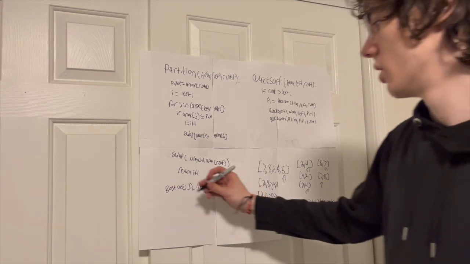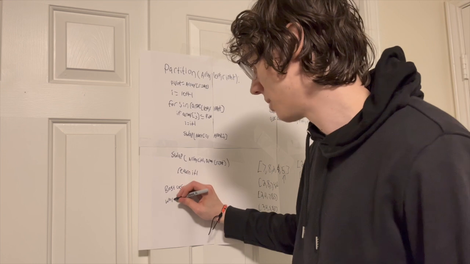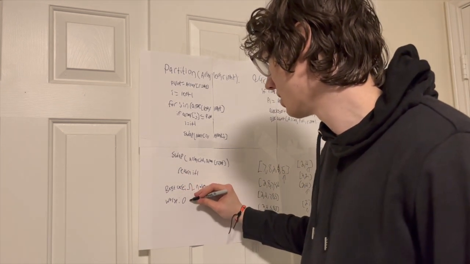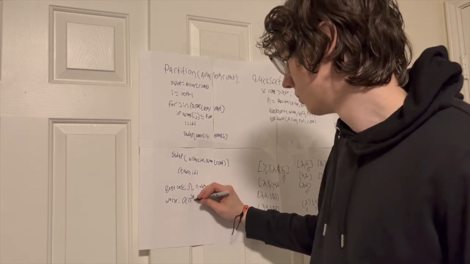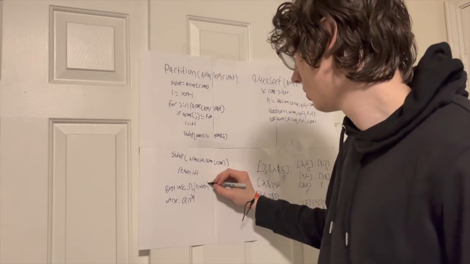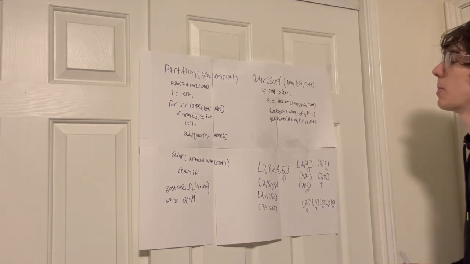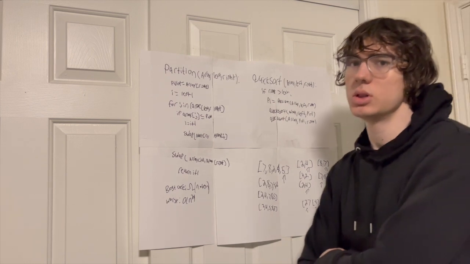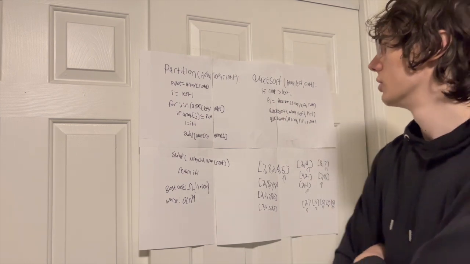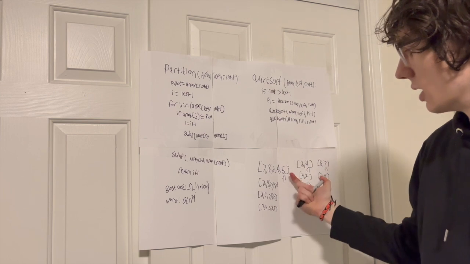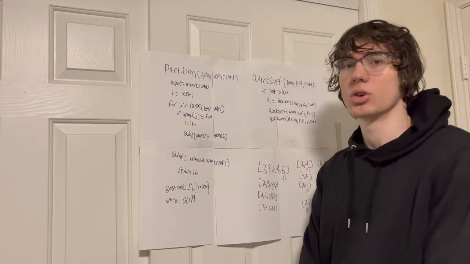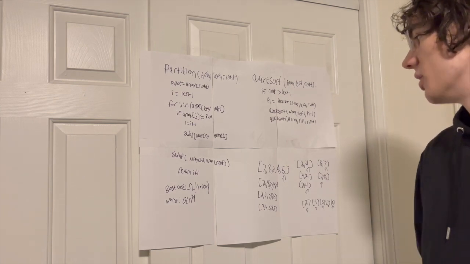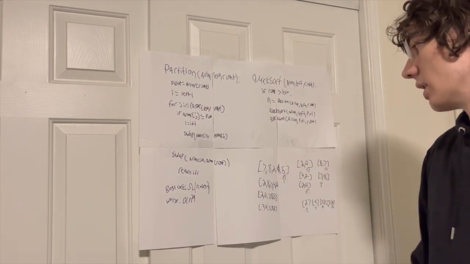Worst case occurs if we pick a bad partition. Worst case is n squared. This occurs if the partition is either the highest value in the array or the lowest value in the array. So for example, if we pick the rightmost index and the array is already sorted, then we're going to be dealing with worst case. Because let's say, for example, that this is 9.